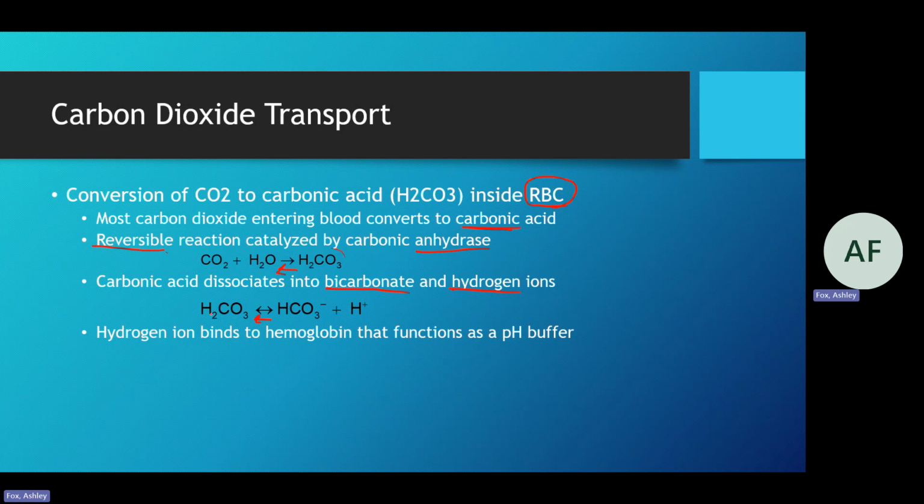So from carbonic acid, you get HCO3- and you get an H+, which is a proton. Again, more acidic. The hydrogen ion, or the proton, actually can bind to a different part of hemoglobin, not the iron, that can help with pH buffering.